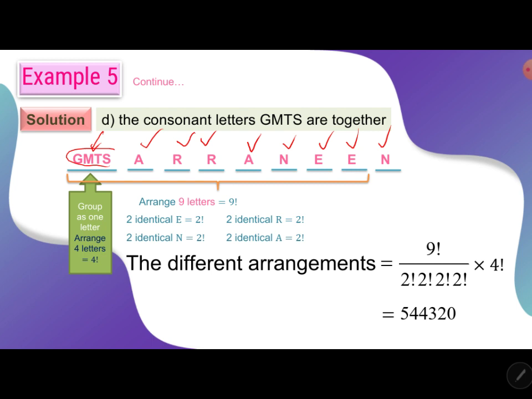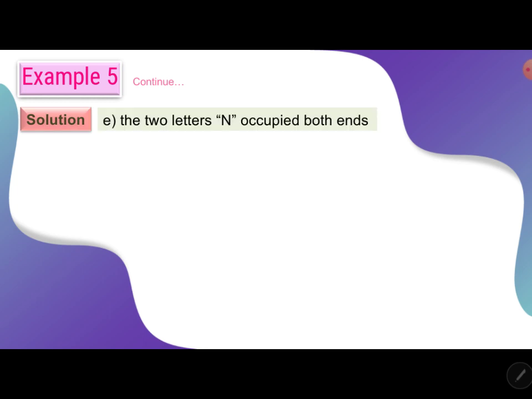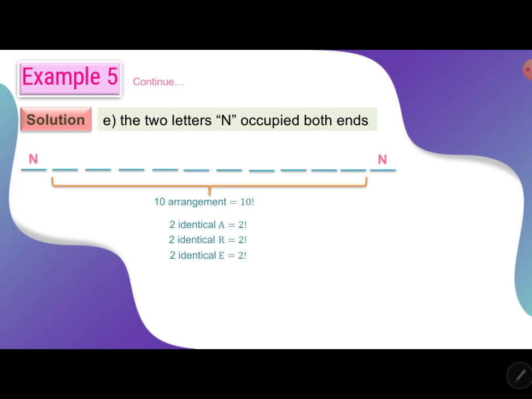Okay. And last one, question E. The 2 letters N occupy both ends. So we put N at the front and at the end. And then what's left in the middle is 10 letters, so 10 factorial.